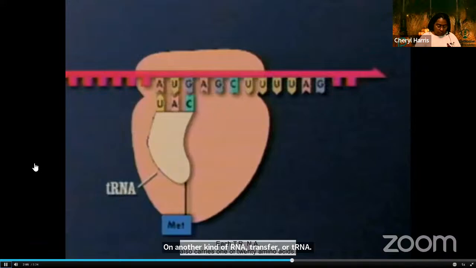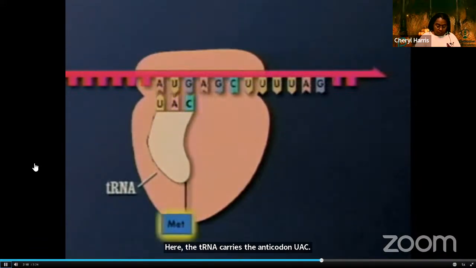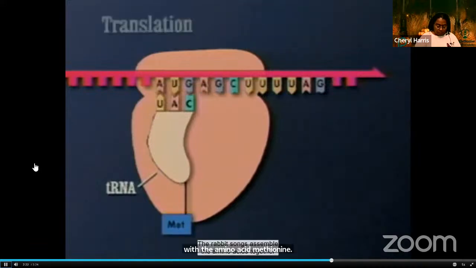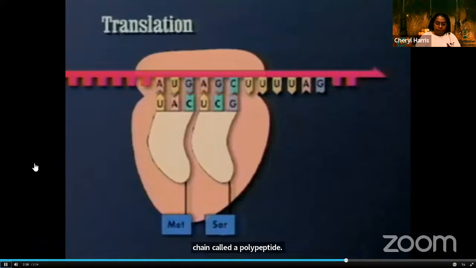Each tRNA also carries one of 20 amino acids. Here, the tRNA carries the anticodon UAC with the amino acid methionine. The ribosomes assemble the amino acids together into a chain called a polypeptide in the order that forms a particular protein.